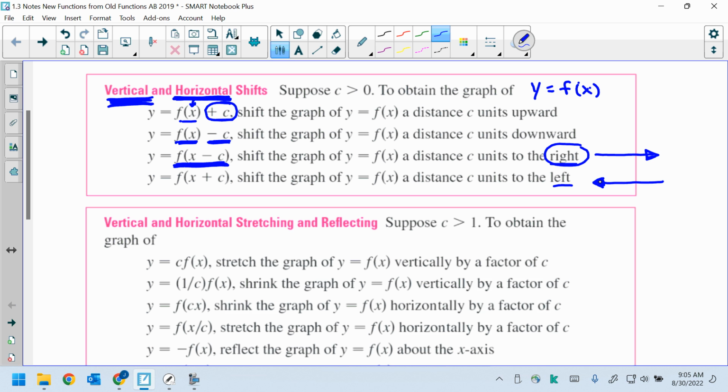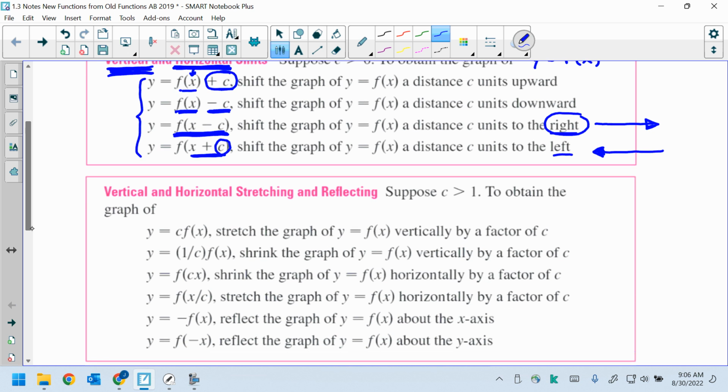But indeed, the truth is that since this is a horizontal effect, I have to mess with things inside the parentheses with the x. And I'll be adding that c, that 3, to move things to the left 3 units. But we're going to practice this in a little bit. But this should be a review of transformations of functions that you've already done.